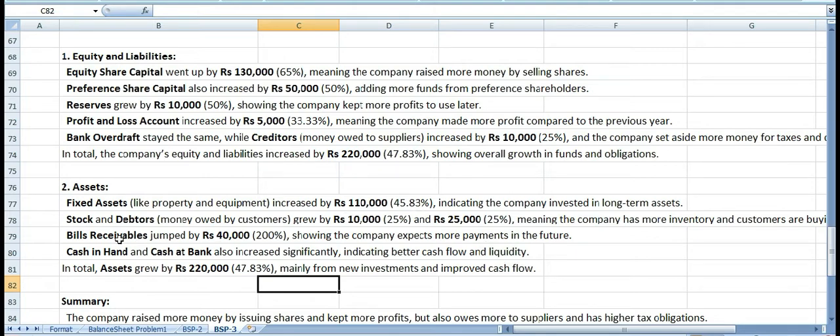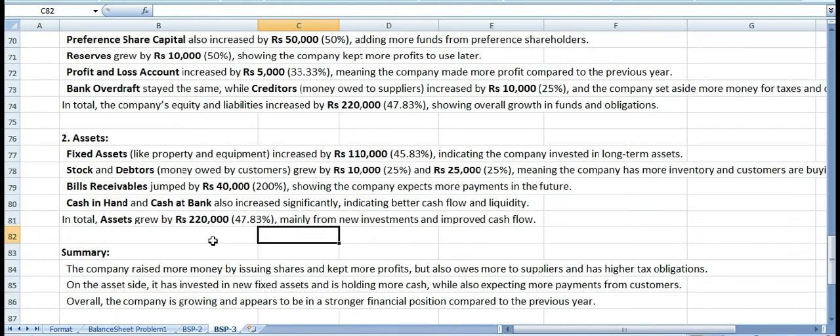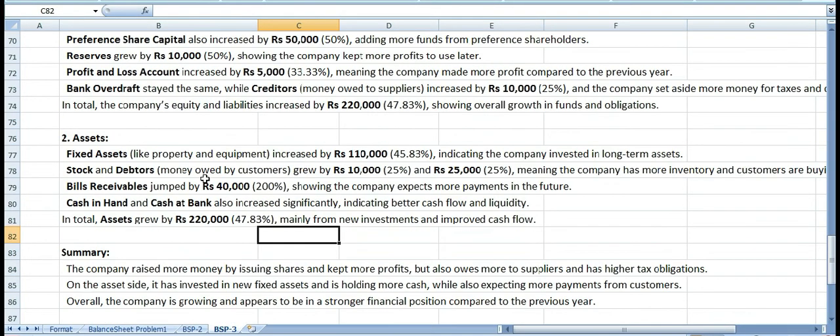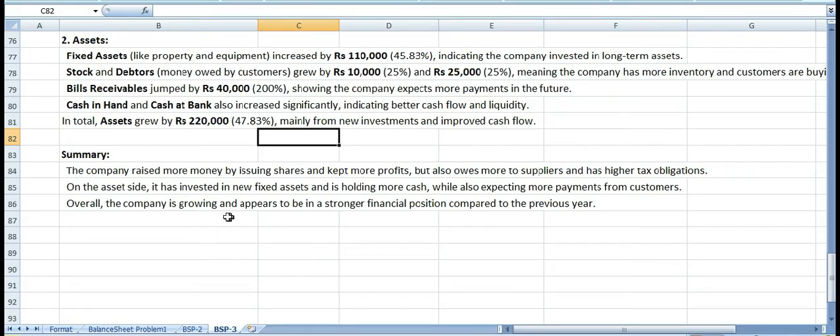If we see the overall total assets, there is a growth in assets by 2,20,000 rupees. There is almost a 47.83% increase in the assets. This is mainly due to the amount generated through the preference shares and the equity share capital. So let's summarize the basic items we could derive from this analysis.